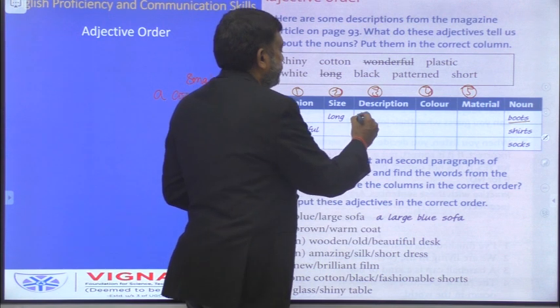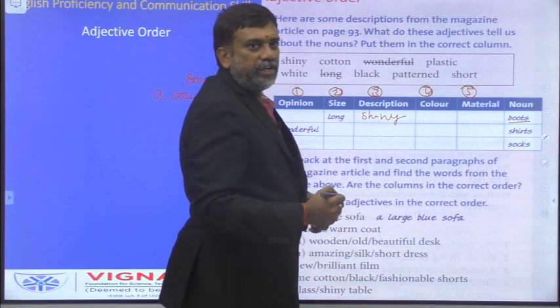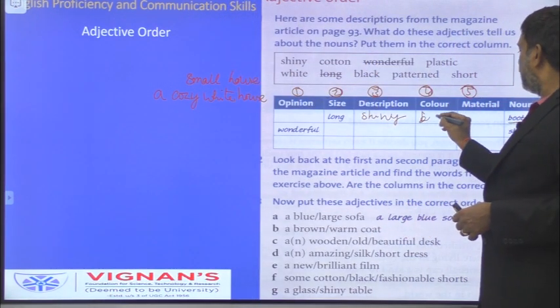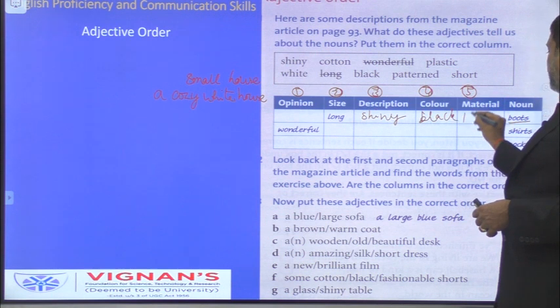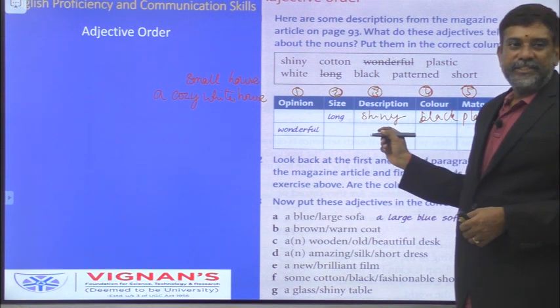So what are the other three adjectives? Suppose, do you remember the long, shiny, black, plastic boots? Next here, what were the shirts?